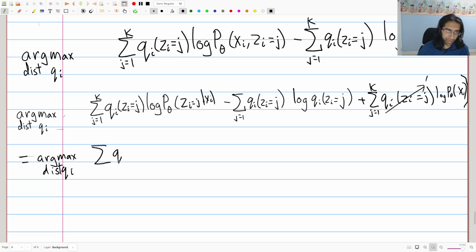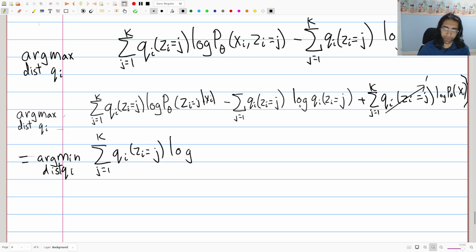And then here what we're going to have is, again, from j equals 1 through k, qi(ci equals j) times, we're just going to regroup these logs together. And in fact, let me change it to be a min by negating the entire expression.